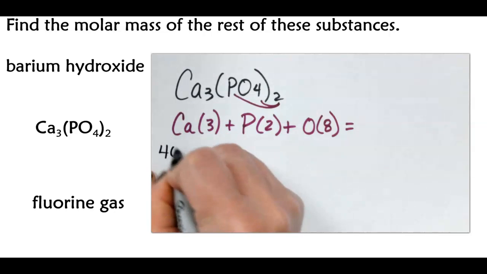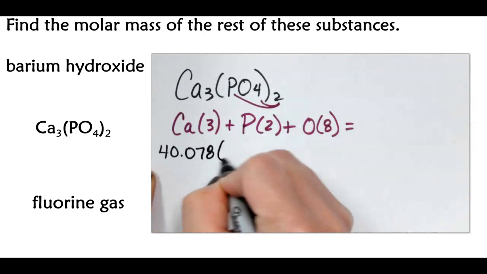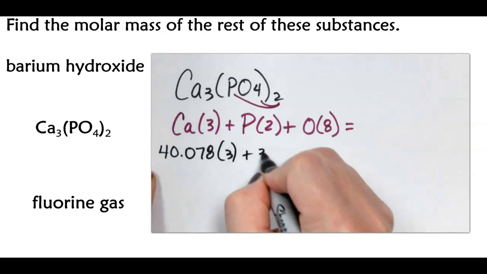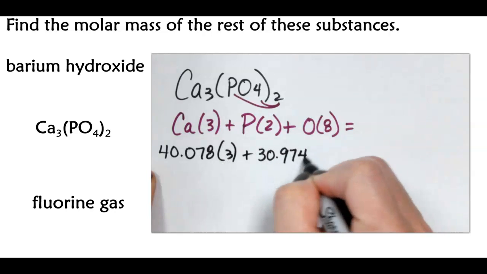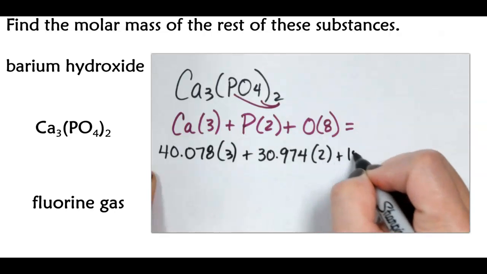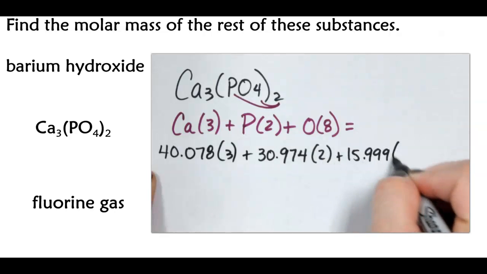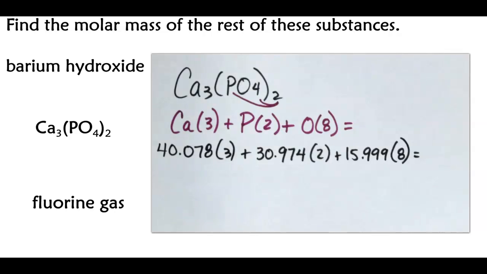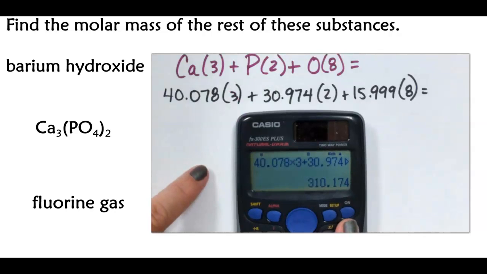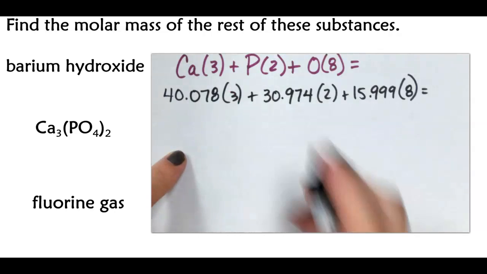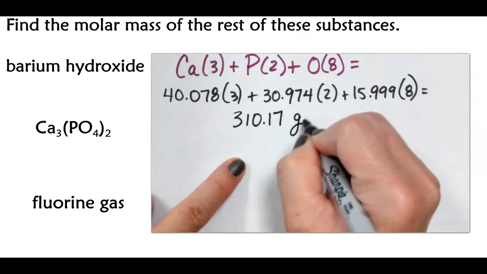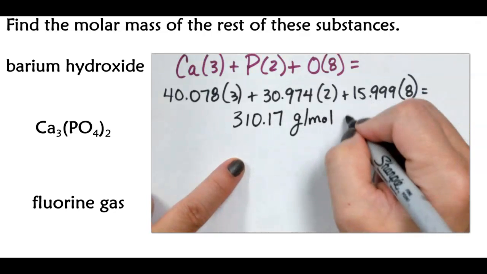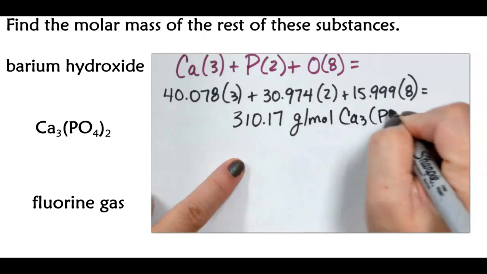This will be 40.078 times 3 plus 30.974 times 2 plus 15.999 times 8 equals, and we get 310.17. The unit is grams per mole, and it is of calcium phosphate.